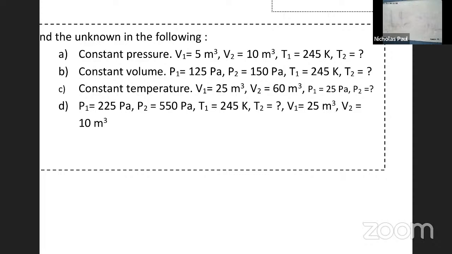So, what are you having problem with, making T2 the subject of the formula? All right, watch this here, in case you get in trouble with that. P1 V1 on T1 is equal to P2 V2 on T2. We're trying to find temperature, right? So you have two fractions separated by equal signs, so cross multiply.